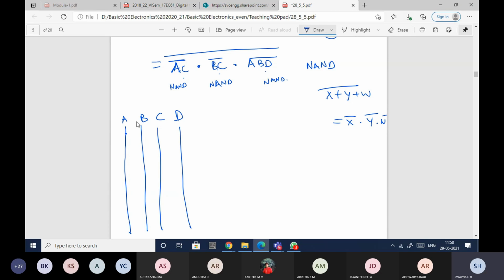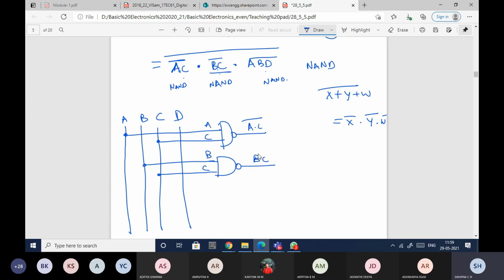Directly AC complement: this is A, this is C. Give it to the NAND gate so that my output will be AC whole bar. Next BC whole bar: this is B, this is C. Give it to the NAND gate so that it will be BC whole bar.